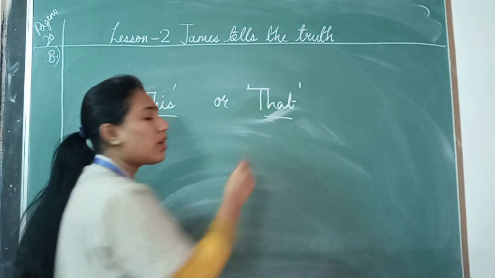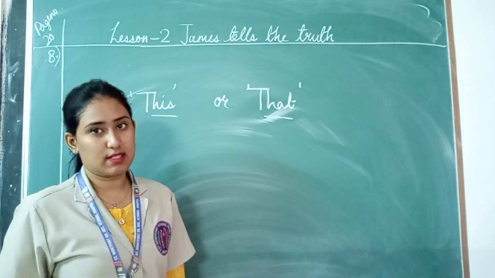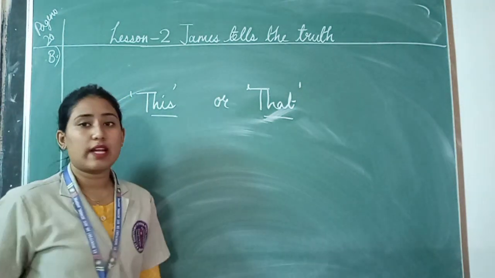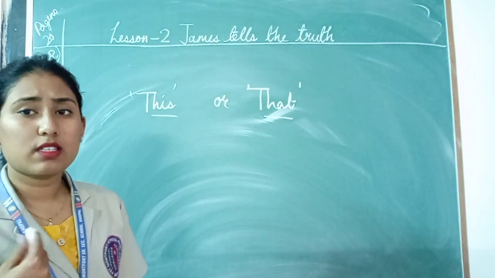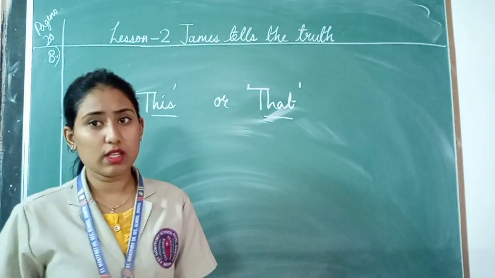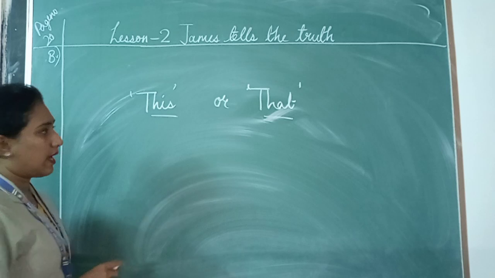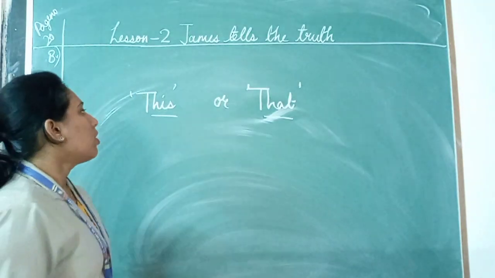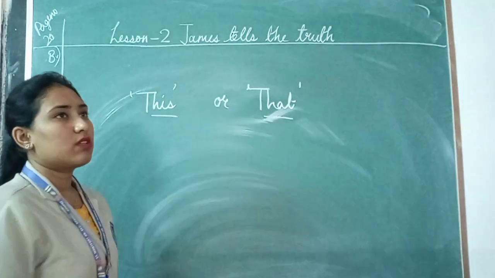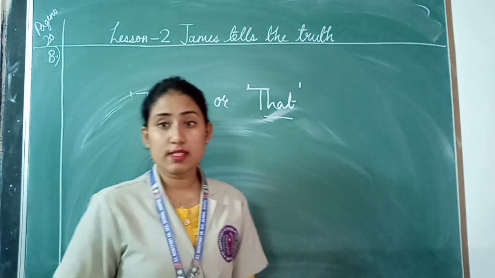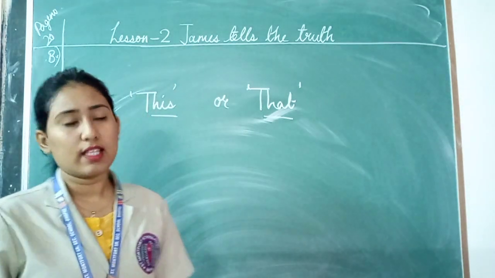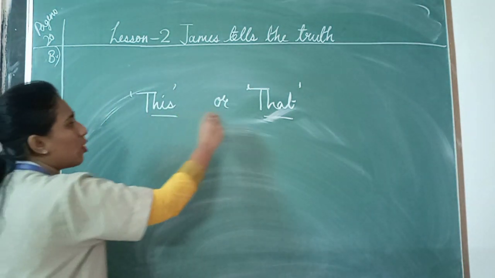The first important thing to notice in this topic is that this and that are both used for singular nouns. Whenever the sentence is talking about one person, one place, one thing, we will use this or that.